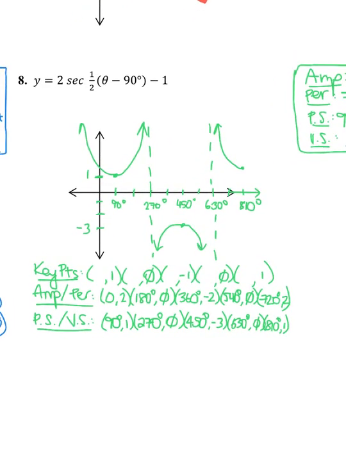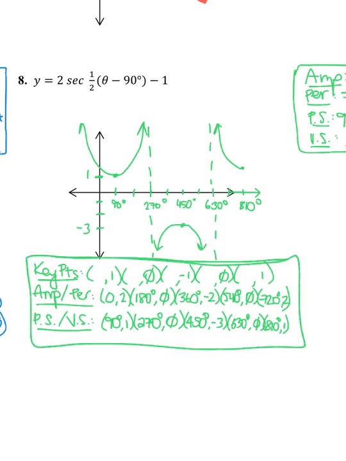Just a couple of notes in terms of the key points and work. Again, like I said at the beginning, this stuff right here is optional work. I know some people are able to just visualize it and make their shifts, stretches, and compressions visually on the graph. So if you want to jump straight to the graph, that is totally fine.